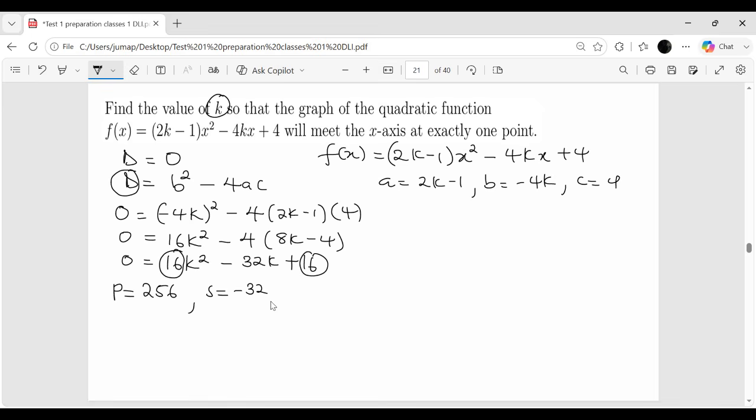When you add them, you get negative 32. What are those two numbers? Anyone? What are the factors?